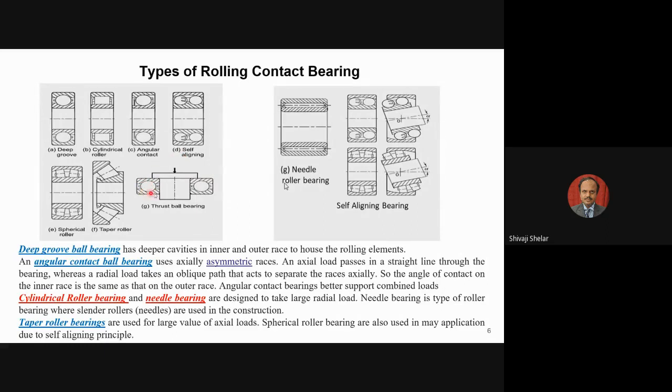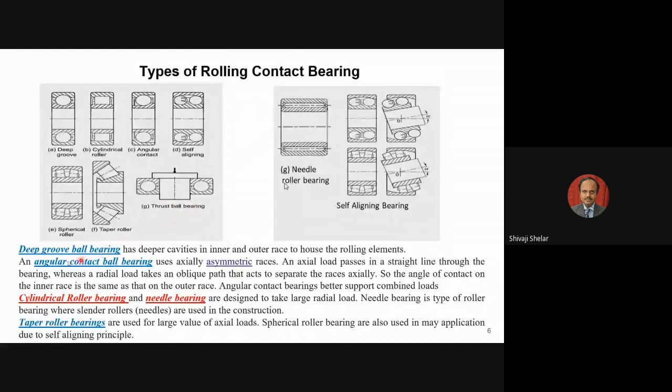And then there is a supporting element, maybe in the form of spherical balls, or you can use rollers also here. And this top race and bottom race will be there. So it can take care of your axial load or vertical load or thrust load. So thrust ball bearing is also possible. Thrust roller bearing is also possible to be manufactured.